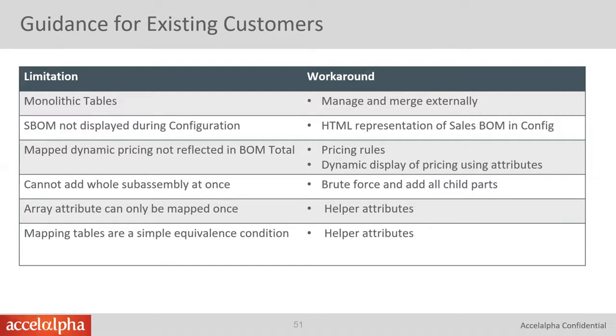So the workaround for this is to use an HTML attribute to display the sales BOM during configuration. There is a system attribute in configuration that's available to you that you could parse using the JSON functions, turn that into an HTML attribute, pretty it up, and display it there.